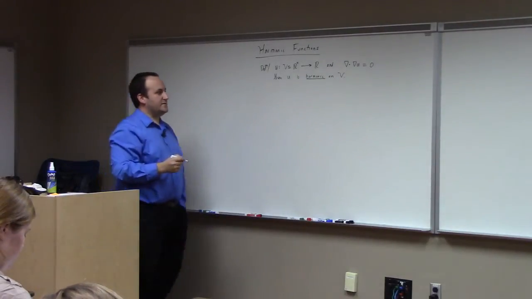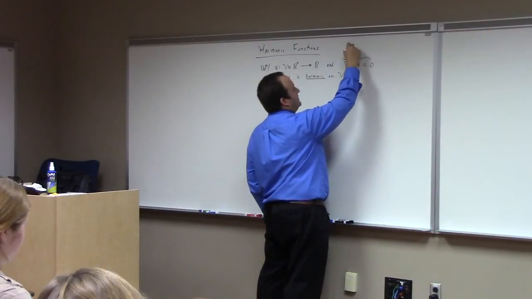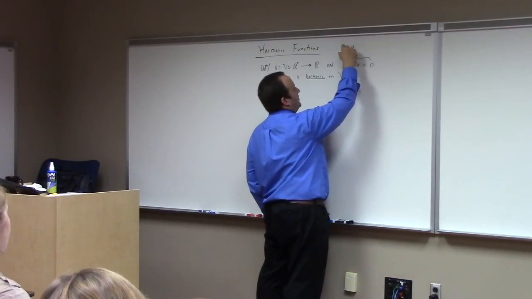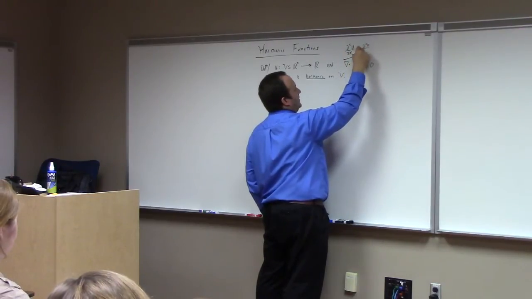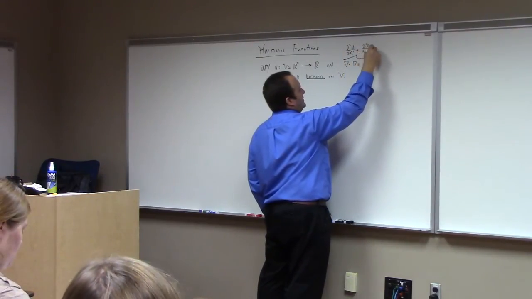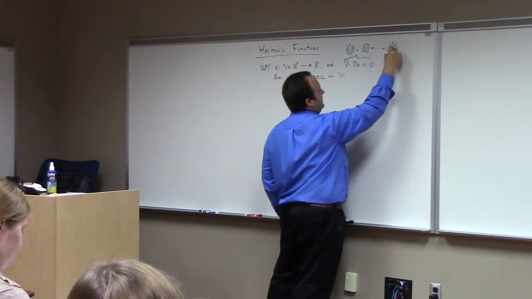Now, the divergence of the gradient is also known as the Laplacian. This is basically partial squared u, partial x1 squared, plus partial squared u, partial x2 squared, plus and so on, plus partial squared u, partial xn squared equals 0.